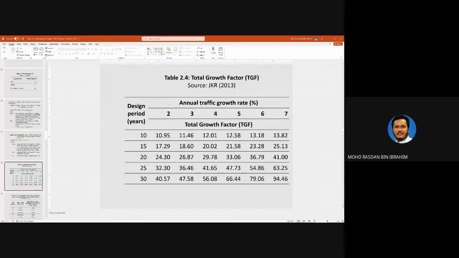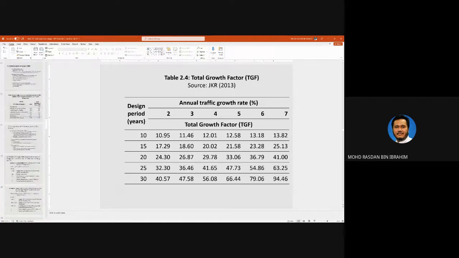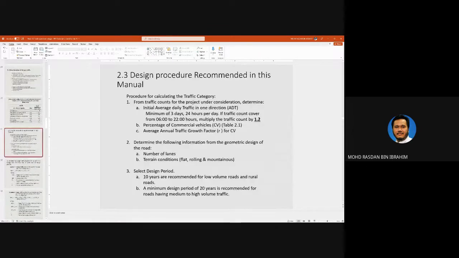So annual traffic growth rate and the design period. So this is the growth factor that we use. And then you need to know the number of lanes and terrain conditions, whether it is flat, rolling, or mountainous. Again, because these three types will have different loading impact, due to the stresses from the tires of commercial vehicles.